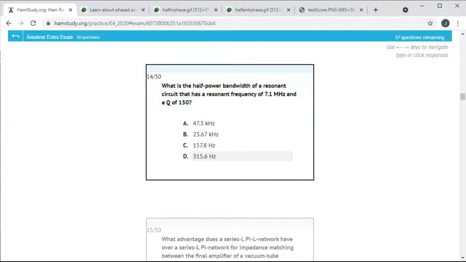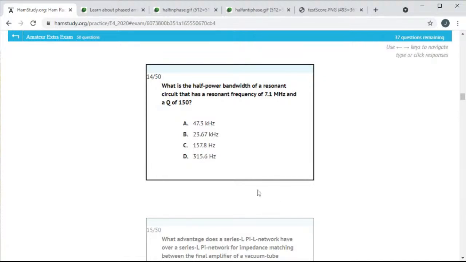What is the half power bandwidth of a resonating circuit that has a resonant frequency of 7.1 megahertz and a Q of 150? Oh, where is Don or the Smoking Ape?